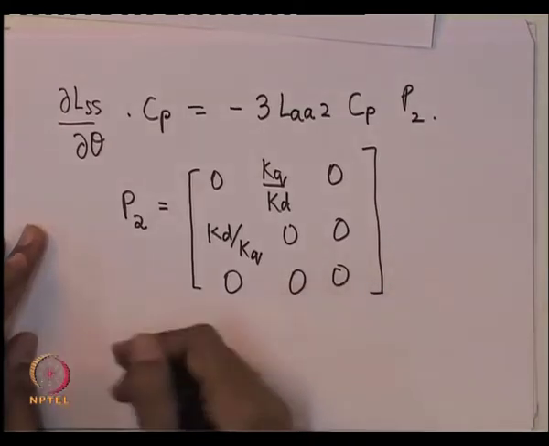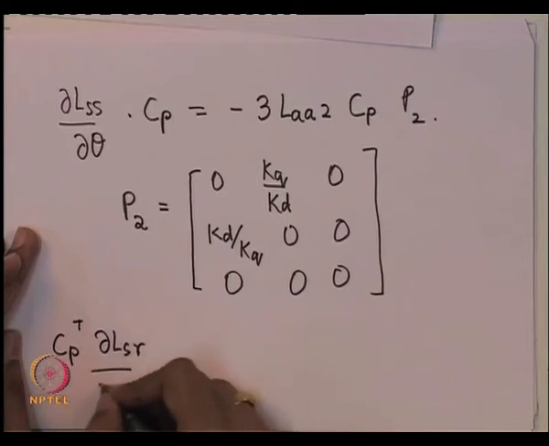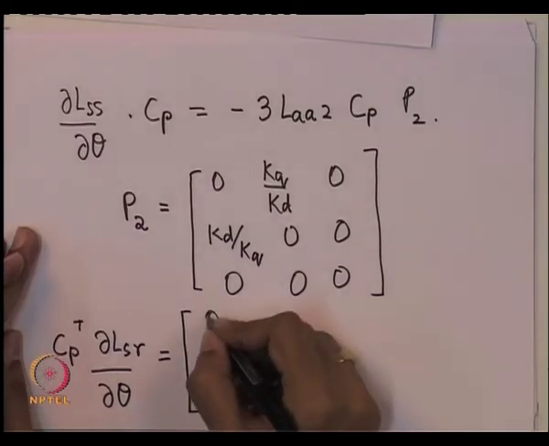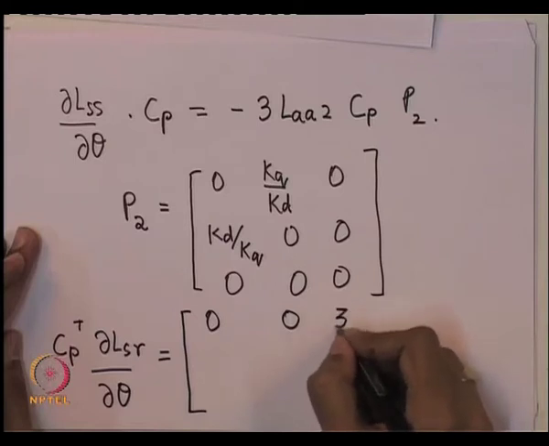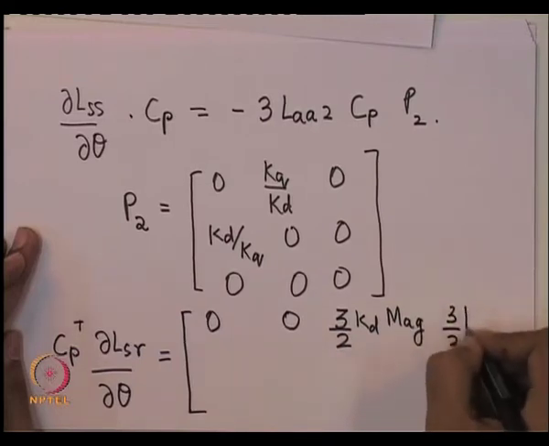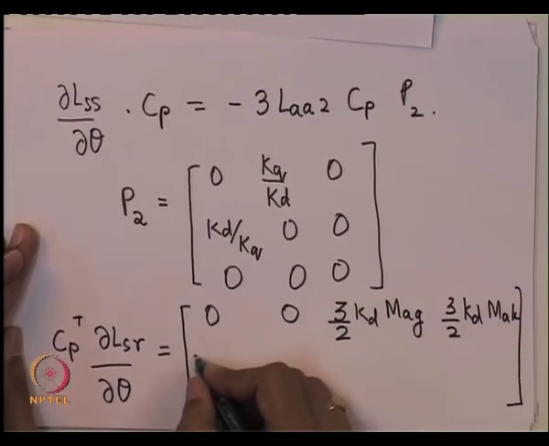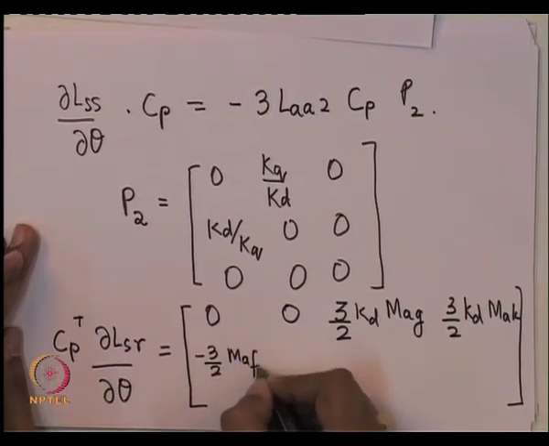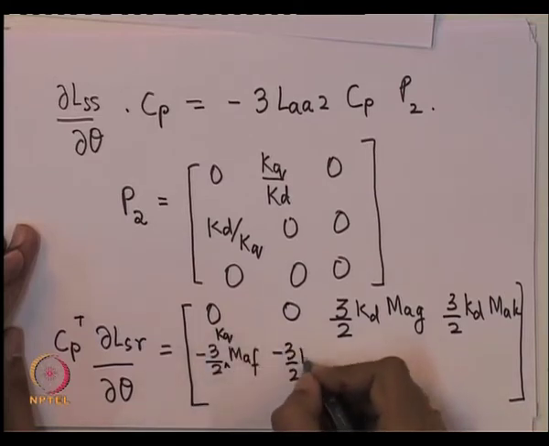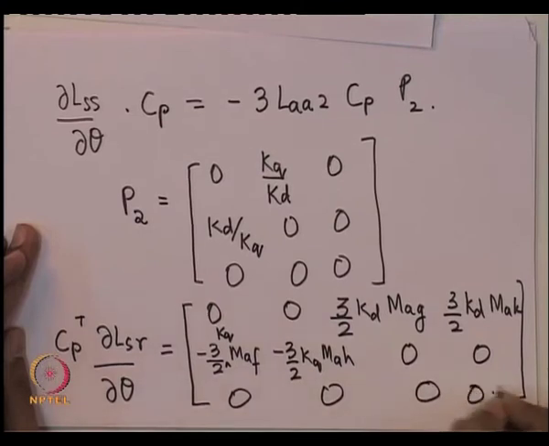Therefore, and further you will find that Cp transpose of d LSR by d theta is nothing but, in fact, it gets stripped of all the thetas eventually: 0, 0, 3 by 2 Kd MAG, 3 by 2 Kd MAK, and this becomes minus 3 by 2 MAF, minus 3 by 2, sorry, there is a KQ here, KQ MAH, 0 0, 0 0 0 and 0.